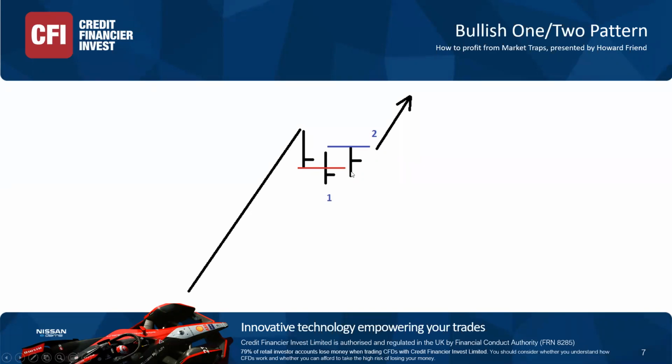On the next bar, we try to break up, but don't break through the 2-bar high. At the end of this bar, the 2-bar high has come down to this point. So now the 2-bar high is even closer. On the next bar, we can then buy the break of this blue line. Okay, so we have a 1 to the downside and then a 2 to the upside. It's a buy, looking for a continuation of the bullish trend.